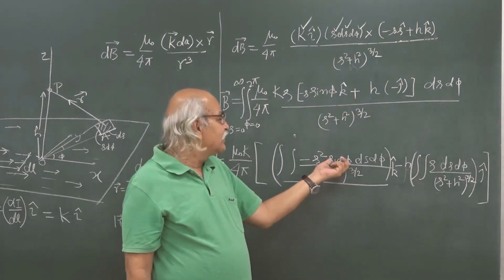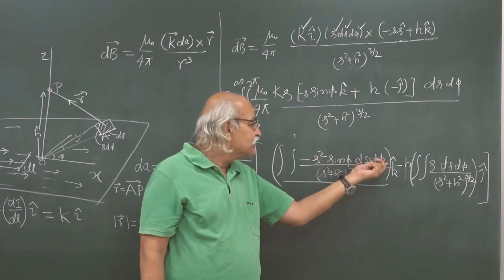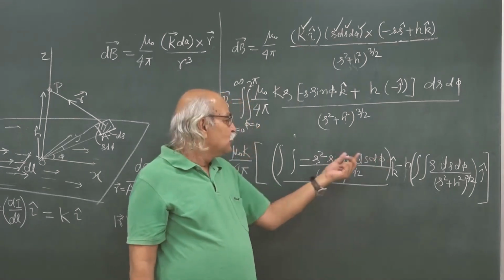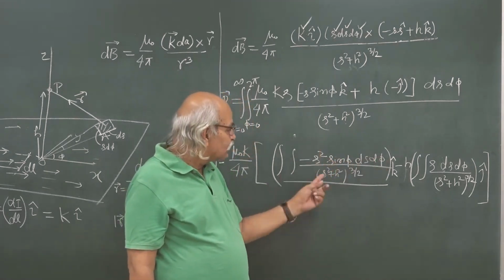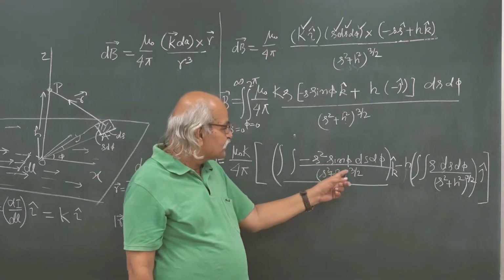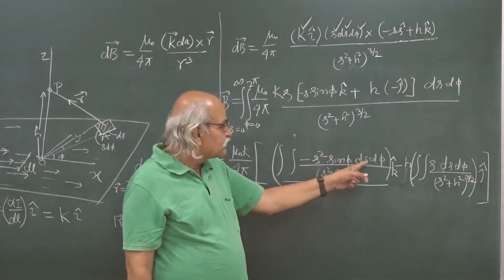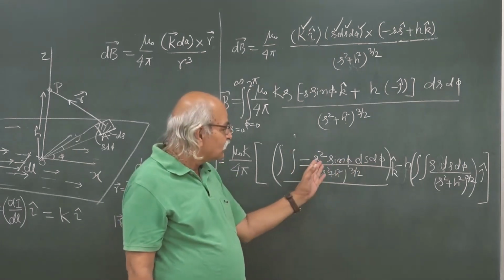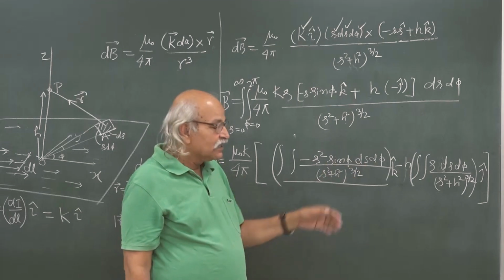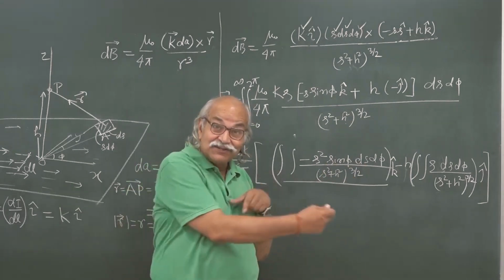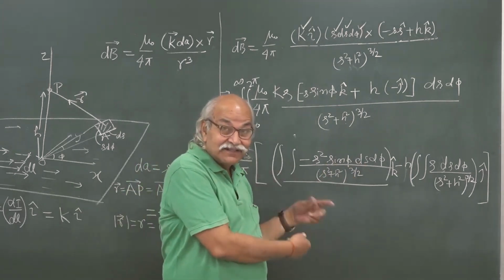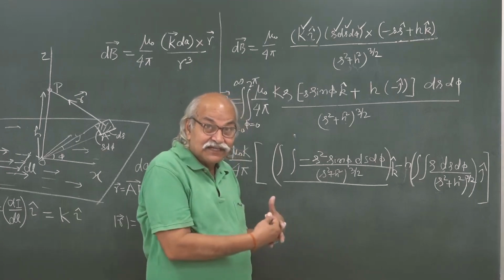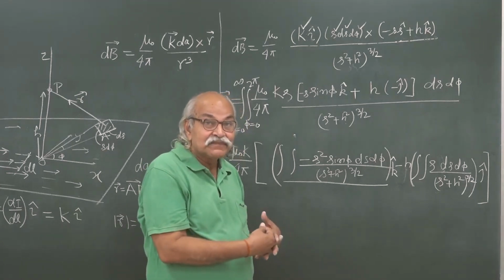So, you can integrate sin phi separately with respect to phi. You can integrate s square divided by s square plus h square to the power 3 by 2 separately with respect to s and then multiply. This is possible because they are not mixed up. If you use x, y, z, then you will not get this benefit. Things will be mixed up and integration will be difficult.